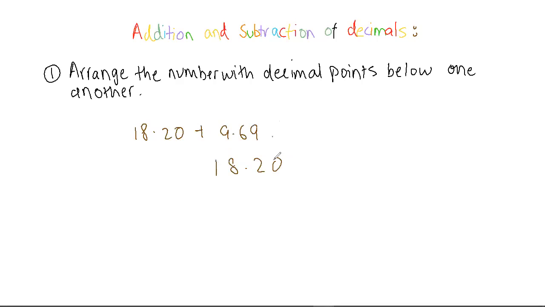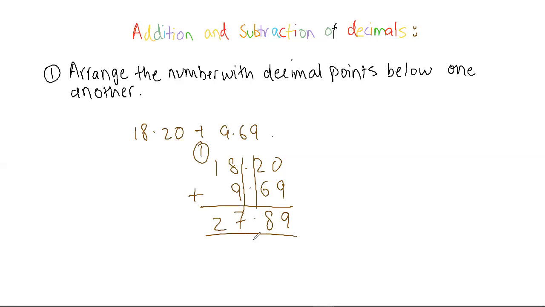Make sure that you leave some gaps between the numbers, and then we'll take the other number and make sure that the decimals come in a vertical fashion below one another, and then we'll start adding. 0 plus 9 is 9, 2 plus 6 is 8, 8 plus 9 is 17, 1 gets carried over, 1 plus 1 is 2. So the answer is 27.89.